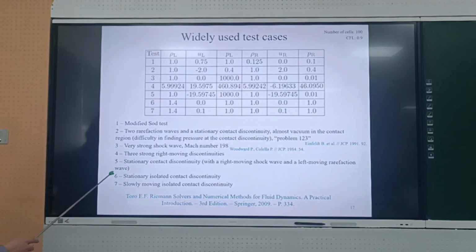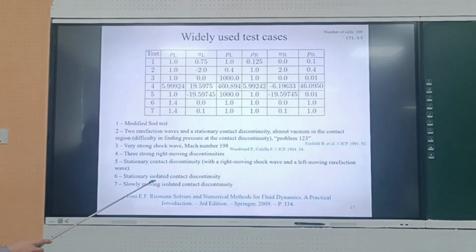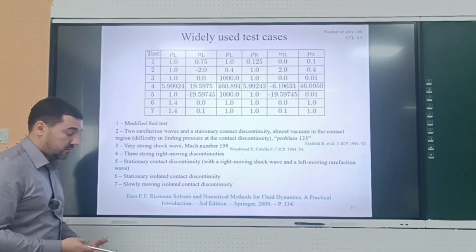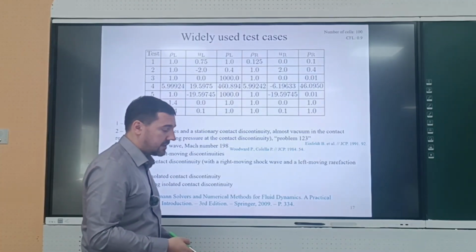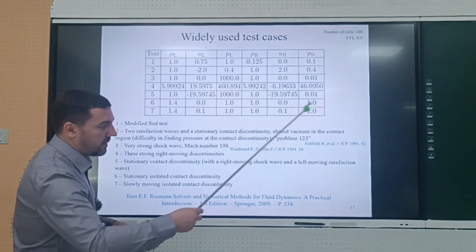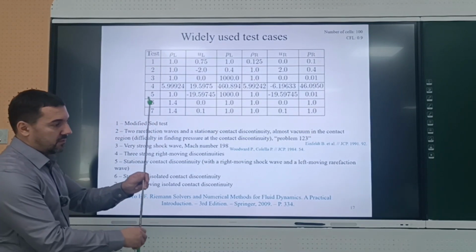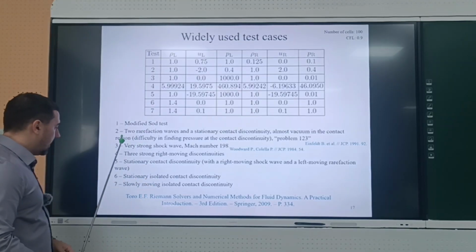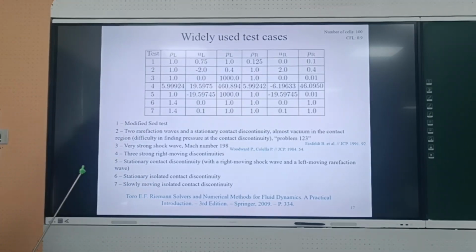The fifth test is a stationary contact discontinuity with a right-moving shock wave and a left-moving rarefaction wave. So it's possible to construct a test in which you will have a moving shock wave and a moving rarefaction wave, but the contact discontinuity will be stationary.